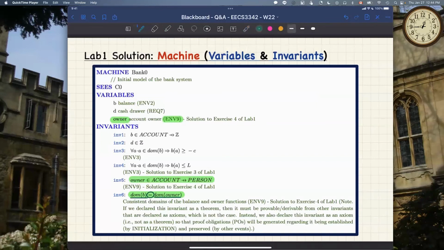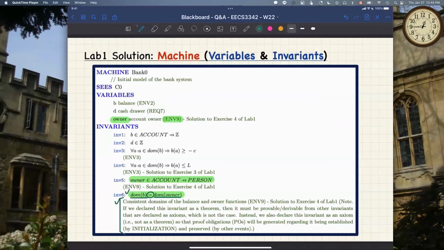And I got some comments over here about why in Rodin you have to make this an invariant, but not a theorem. You can see the explanation over here. We will try to revisit this maybe later when we go to lab number 2, or maybe some other lab. That's about the new bits about variables and also the corresponding invariants.